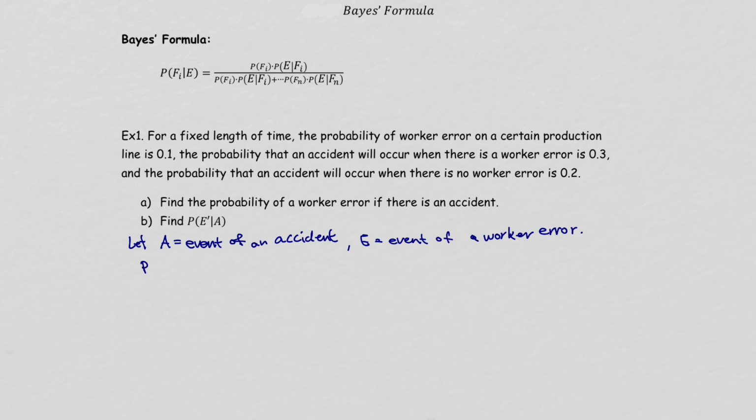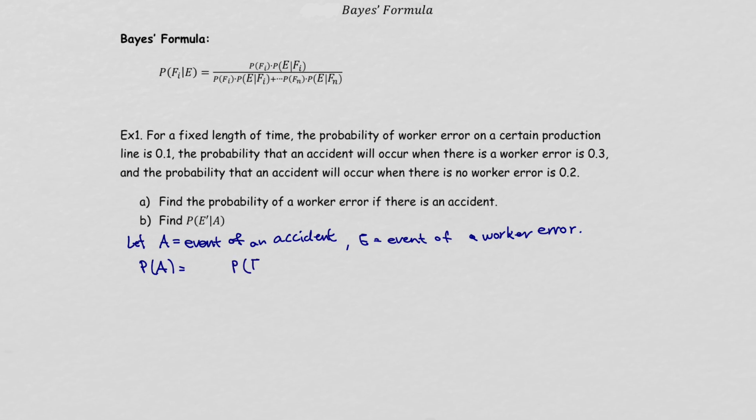Then the probability of event A is something we don't know yet. It's not given. But they have a probability of event E, which is 0.1, right? And that means the probability of E not is 0.9 because 1 minus 0.1 gives you 0.9.